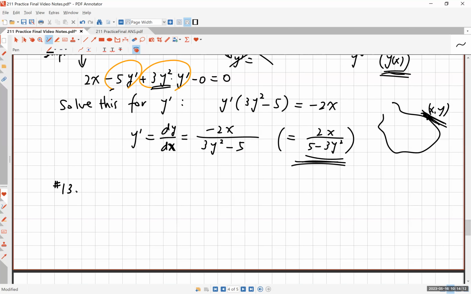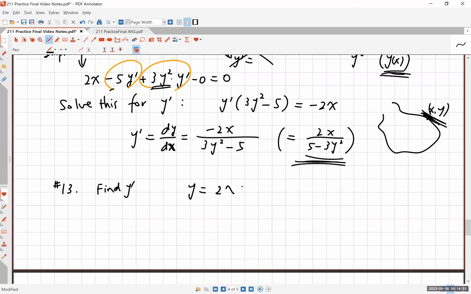Okay, similar to that is the idea of logarithmic differentiation, which is number 13. Okay, let's take a look at number 13 and look at this question on the logarithmic differentiation. To find the derivative, which is y prime, what we have is an explicit function.